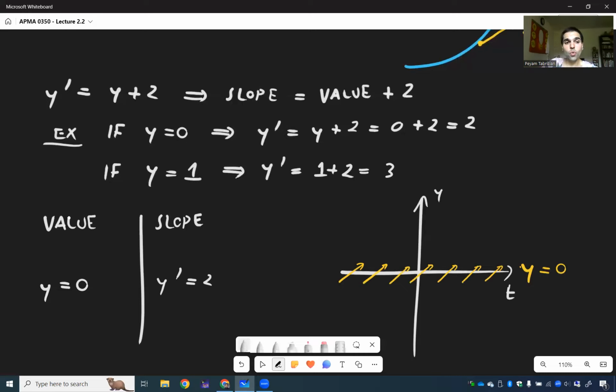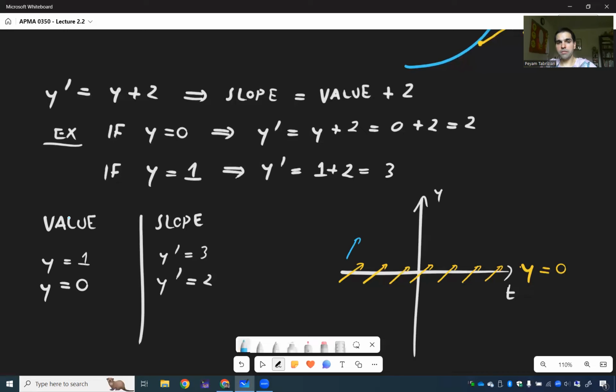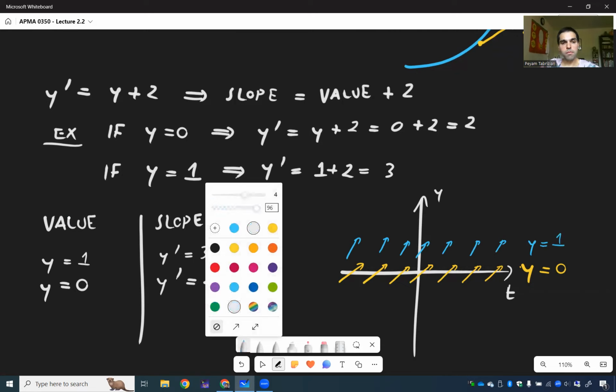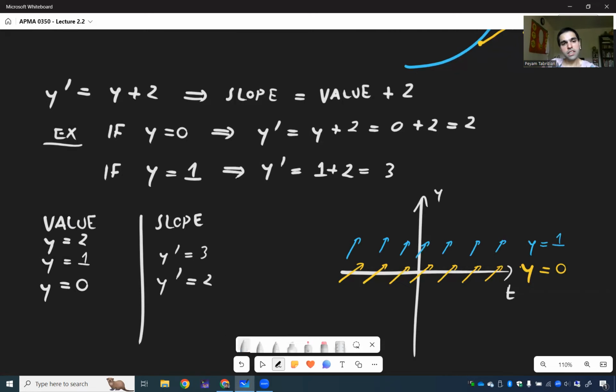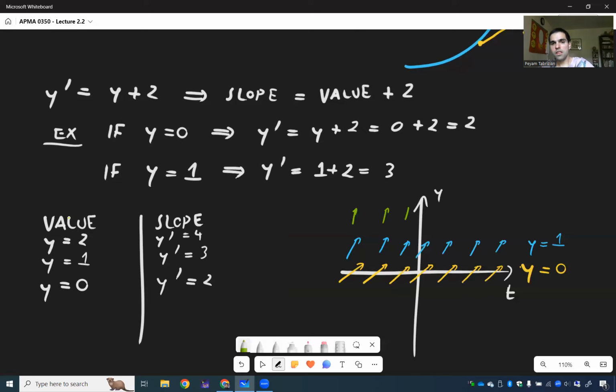Well, we can continue. We've seen that if y equals 1, then y prime would be 3, which is even steeper. So maybe the picture looks like that. That's for y equals 1. If y is 2, then it's even steeper. Y prime would be 4. So maybe it looks something like that. That's for y equals 2.